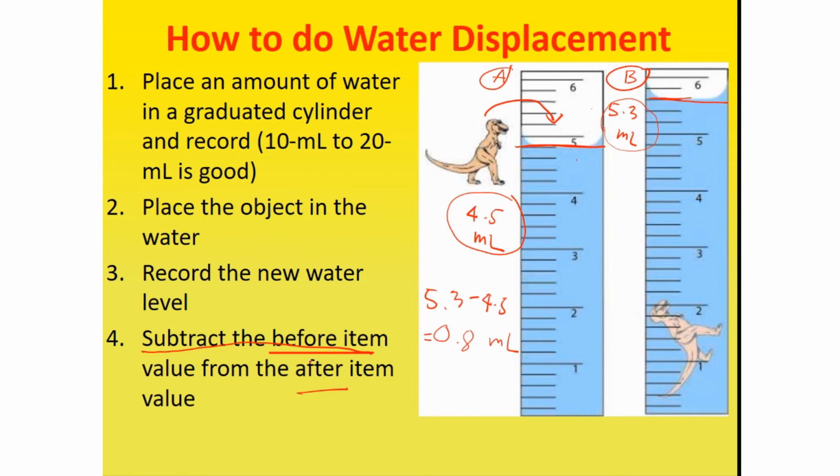Then subtract the before from the after. So we have the volume: 5.3 ml minus 4.5, we have 0.8 ml. So that's water displacement. 5.3 and 4.5 gives 0.8.